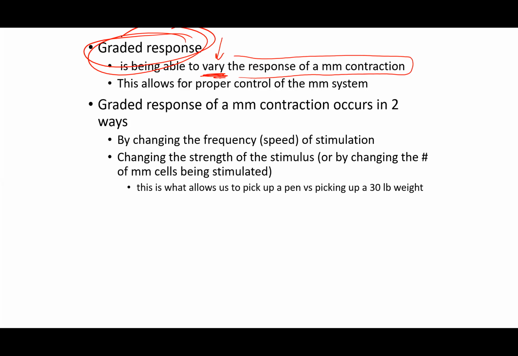Now, it won't take long for you to figure out, oh, this is something very light. So you pick it up. And then I move your hand over to pick up the dumbbell. Now, remember, you don't know what it is. I say, okay, pick this up. Now, at first, you'll probably pick it up and go, oh, that's remarkably heavy. And you will compensate to now pick it up. That's the graded response.